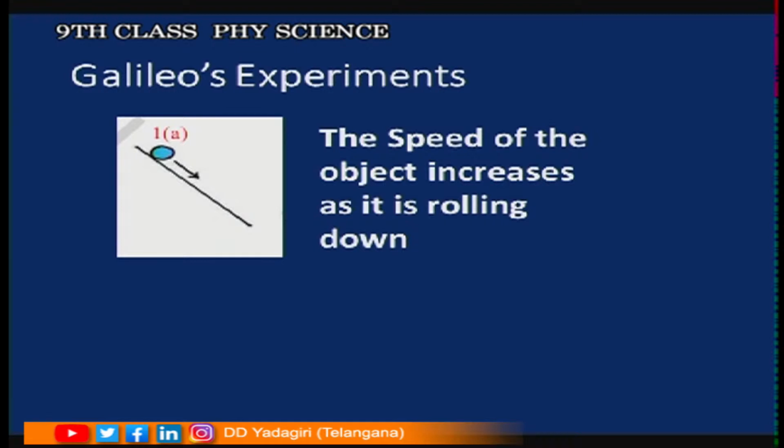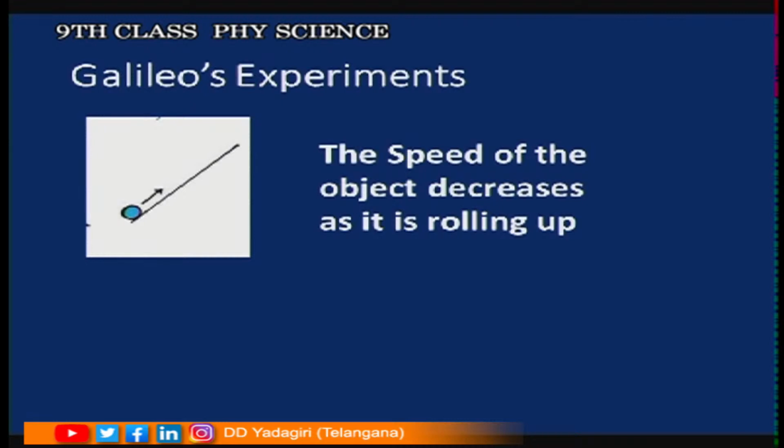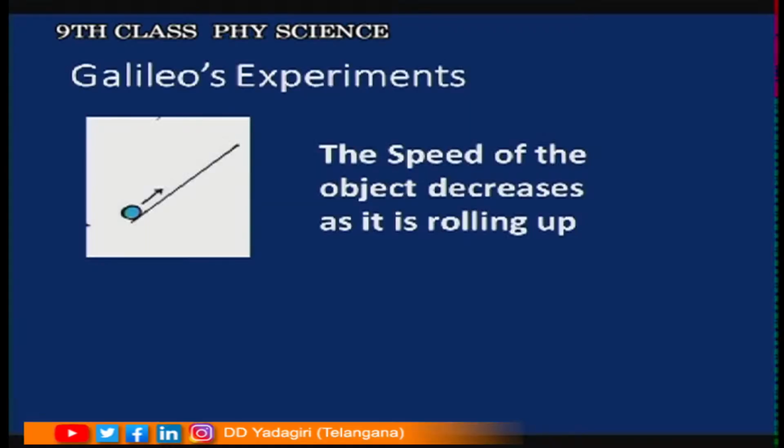First, he observed the motion of an object down the inclined plane. He observed that the speed of the object increases as it is rolling down. Then he also did the experiment by rolling the object up the inclined plane. The speed of the object decreases as it is rolling up.